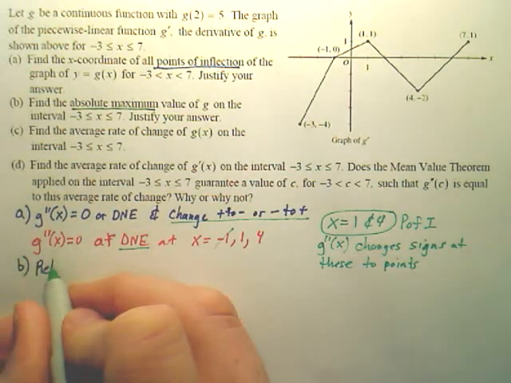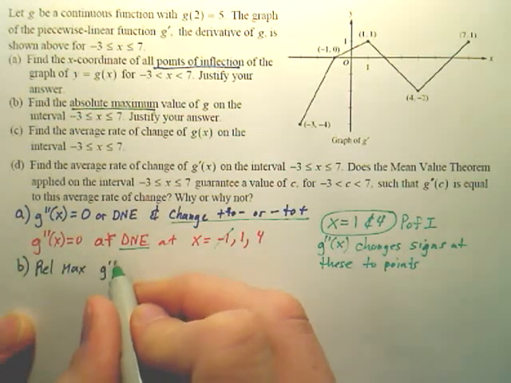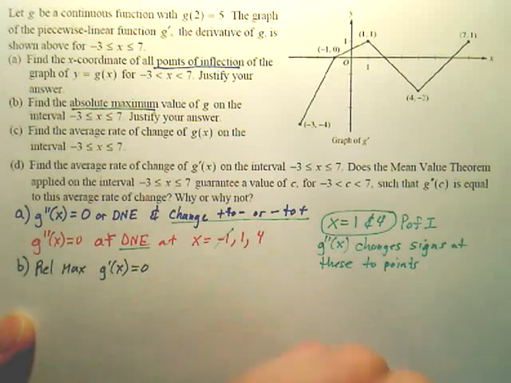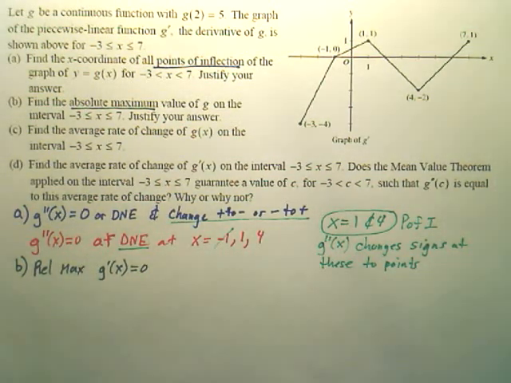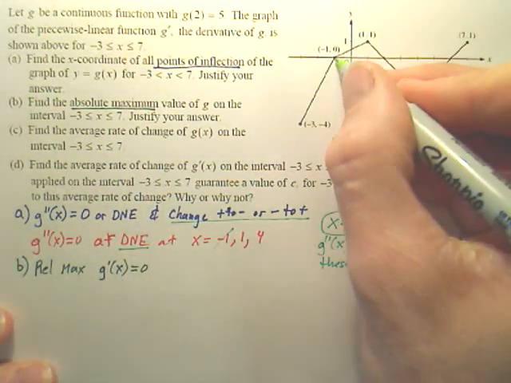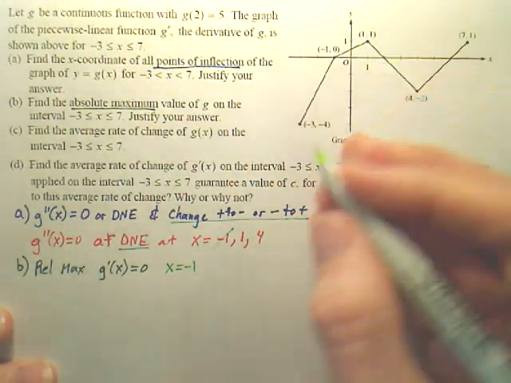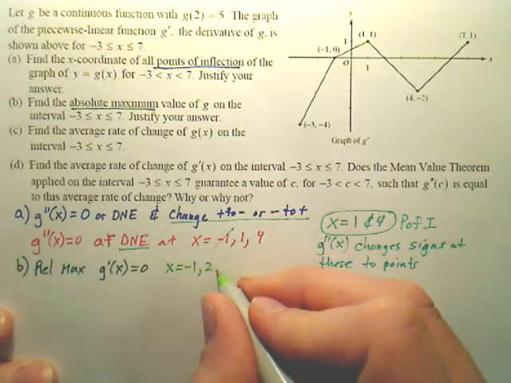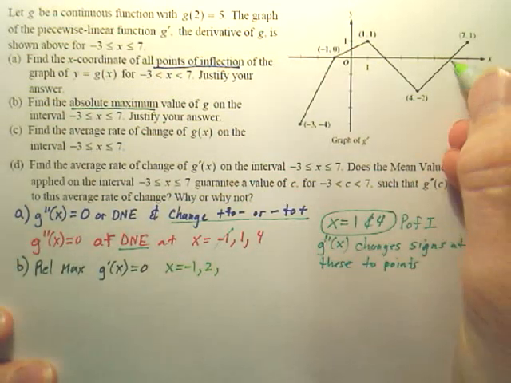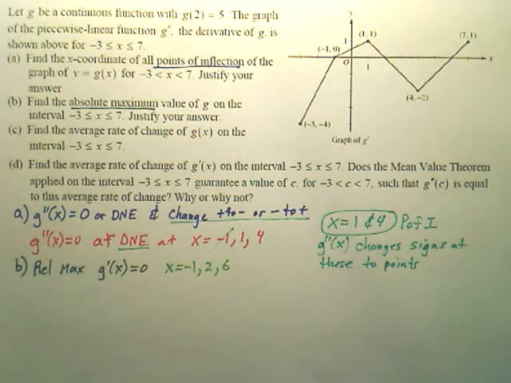Relative maxes are when G prime of x equals 0. So where does G prime of x equal 0? It is at x equals -1, 2, and 6. Those are your 3 places where it equals 0.